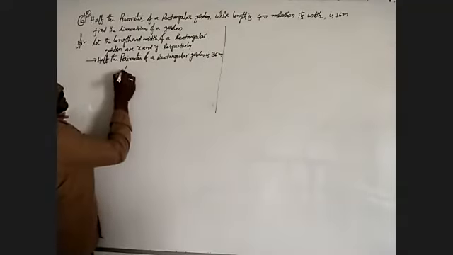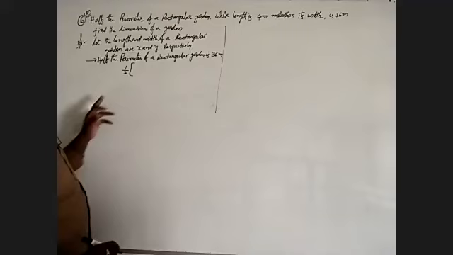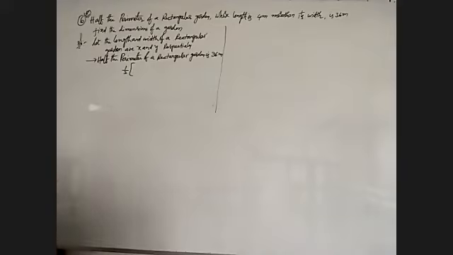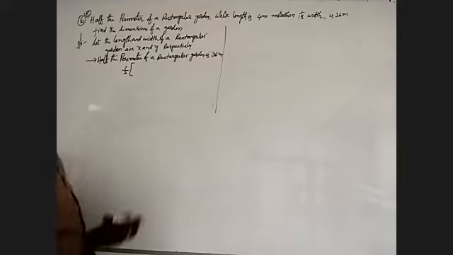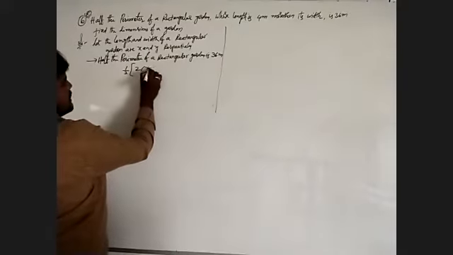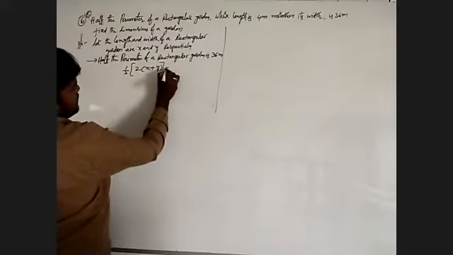We observe in this one, half means we take 1 by 2 of the perimeter of a rectangle. Perimeter is 2 times (L plus B), where length is x and width is y. We write it as 2(x plus y) equals 36.